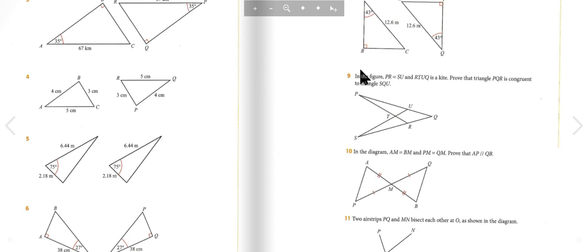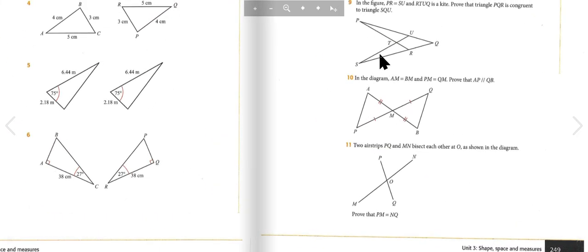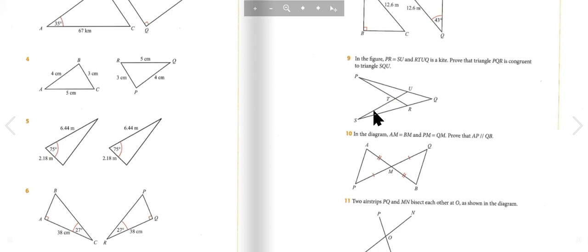In a figure, PR equals SU and RTUQ is a kite. Prove the triangle PQR is congruent to triangle SQU.